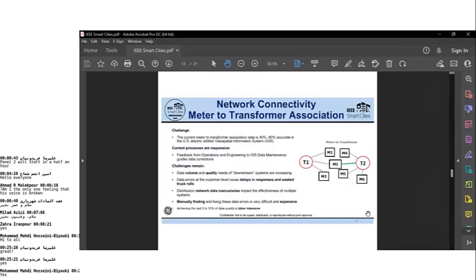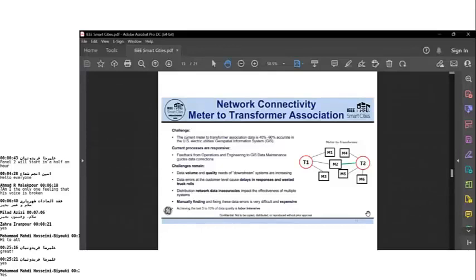The picture on the right shows two transformers, T1 and T2, and six meters. M1, M2, and M3 are connected to T1 in the database, and M4, M5, and M6 are connected to T2 in the database. But if you go into the field, you see that, oh wait, M2 is actually connected to T2.